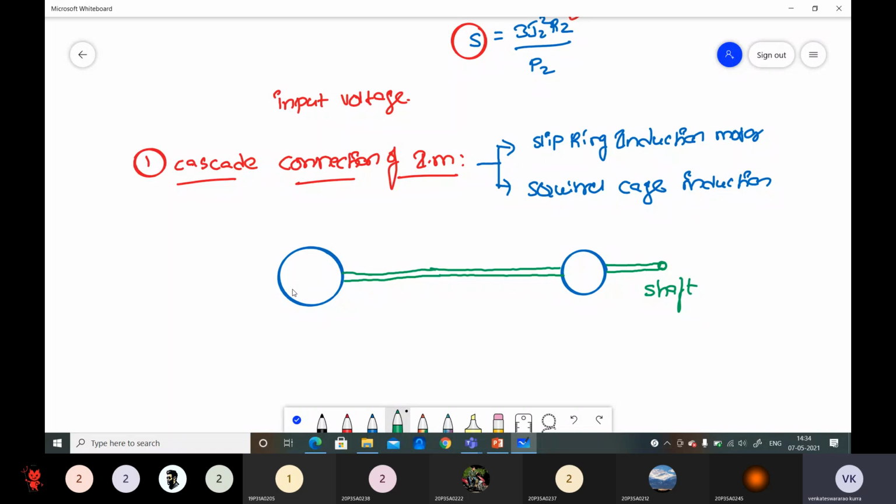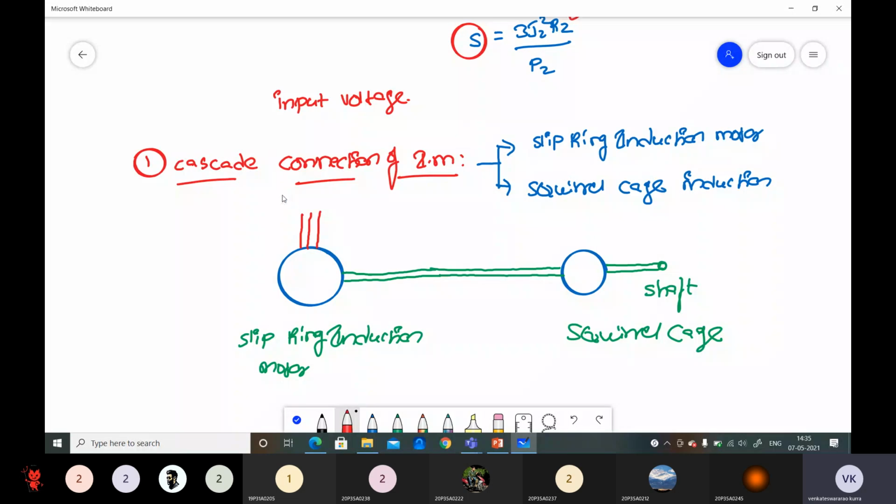The rotors of the slip ring induction motor and the squirrel cage induction motor are the same. This one is the squirrel cage. The stator of the slip ring induction motor is supplied by a 3-phase voltage source.